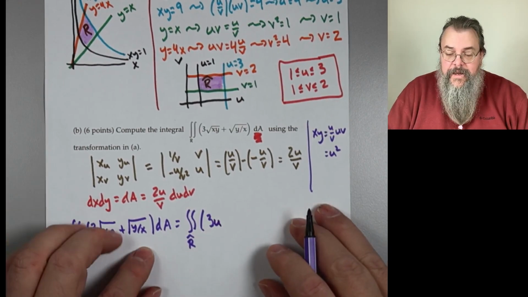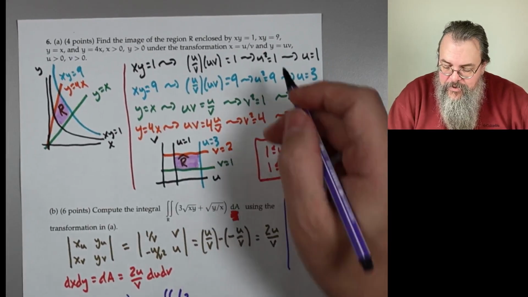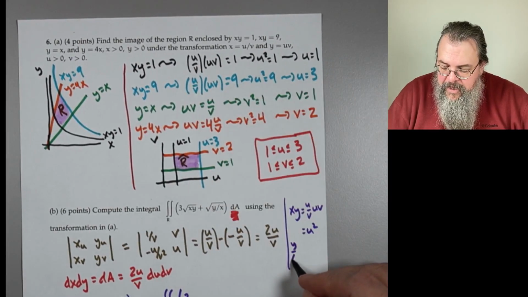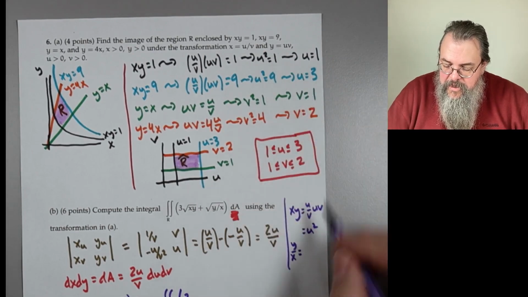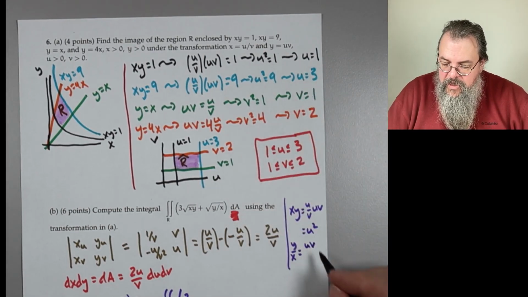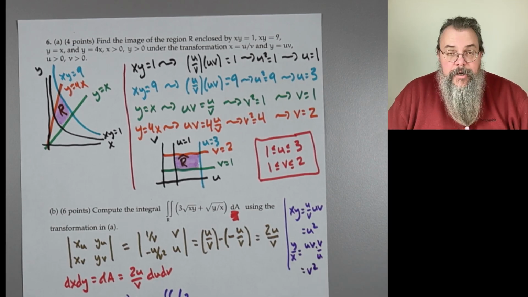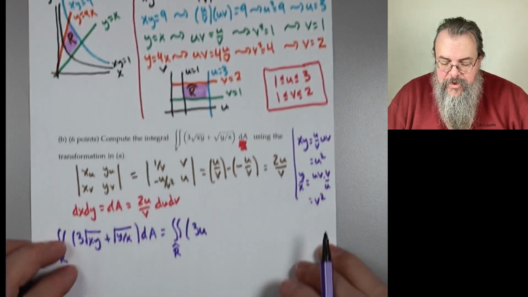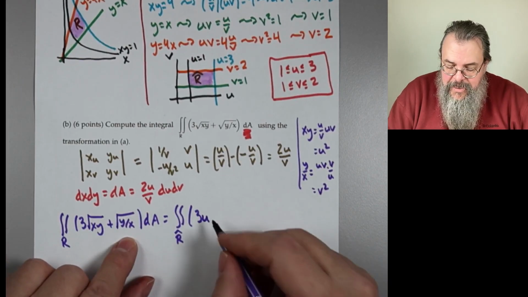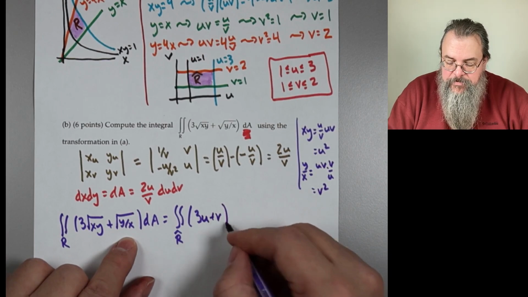What about y over x? Do the same kind of thing. Y over x. Well, y is u times v, and then dividing by x is multiplying by the reciprocal, v over u. The u's cancel, so that's v squared. So the square root of y over x is v.